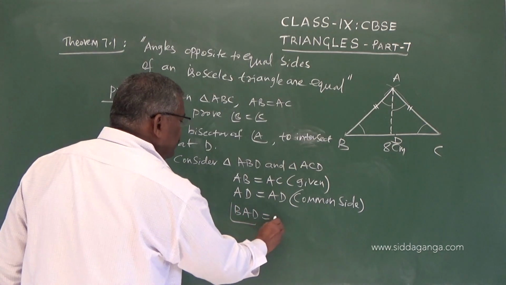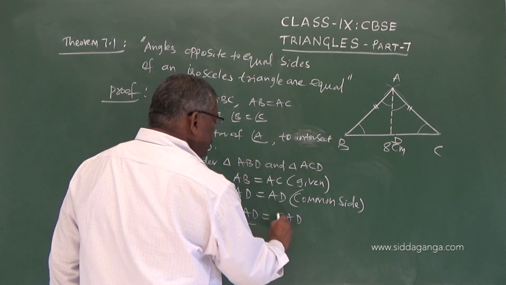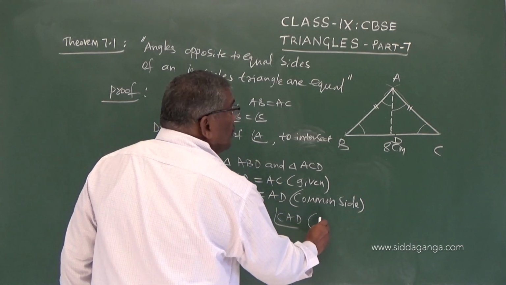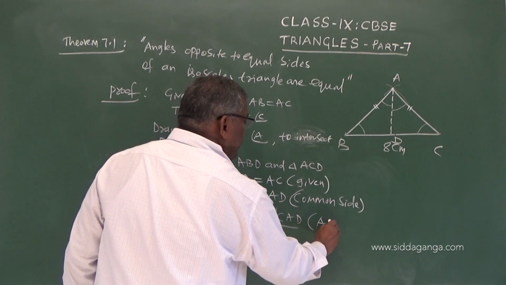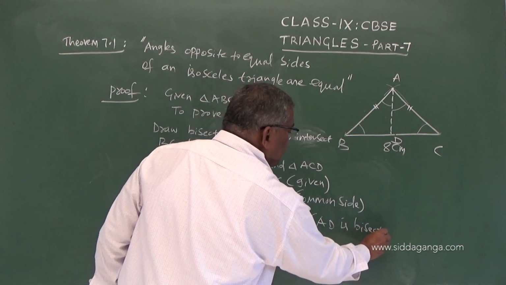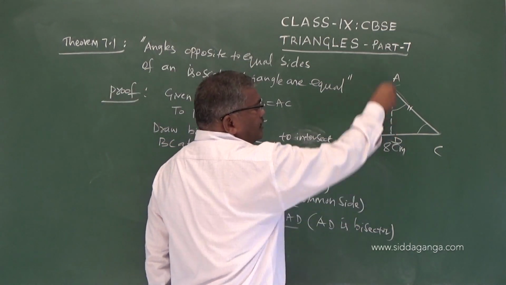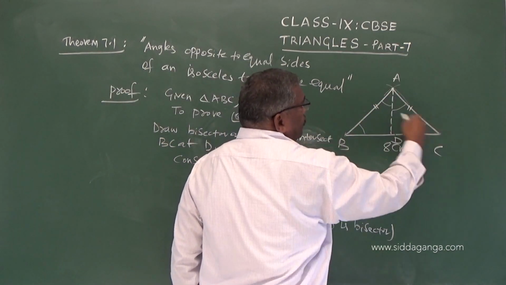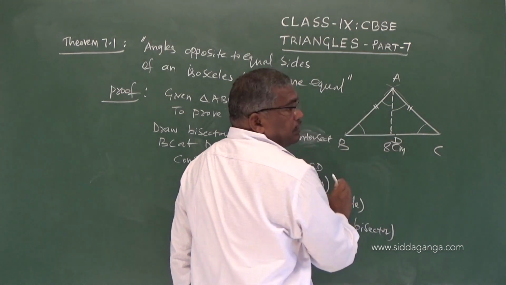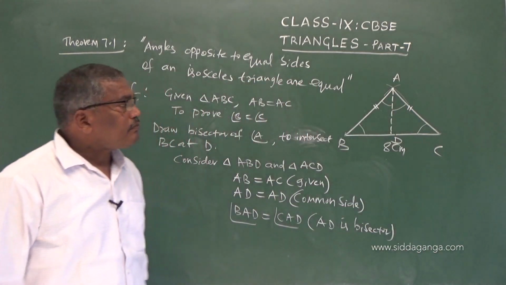Bisector means AD divides the total angle BAC into two equal parts. So, these two angles are equal.